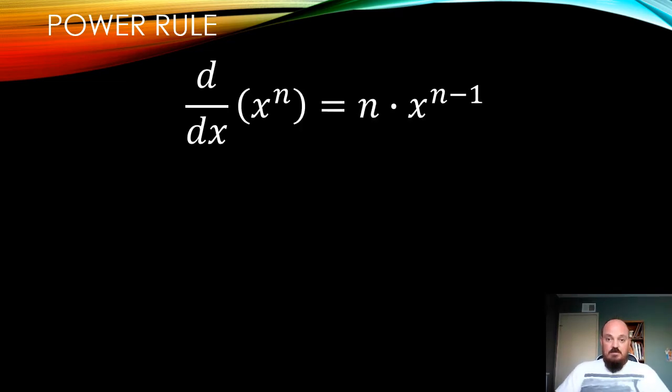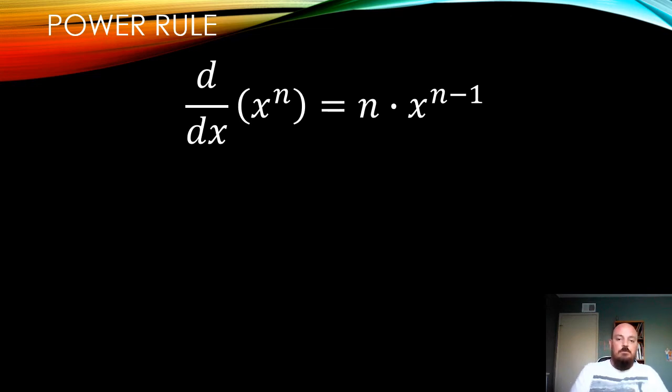Now for the rest of them, here's the power rule. It might look a little confusing when I throw x's and n's and n-1s out there, but it's actually a very, very simple rule. If I want to take the derivative of x to the n power, so this is anything other than a constant term or x to the first, like x squared, or x to the 100th, or x to the 1/2 power, you can do fractions, x to the -7, you can do negatives, anything.